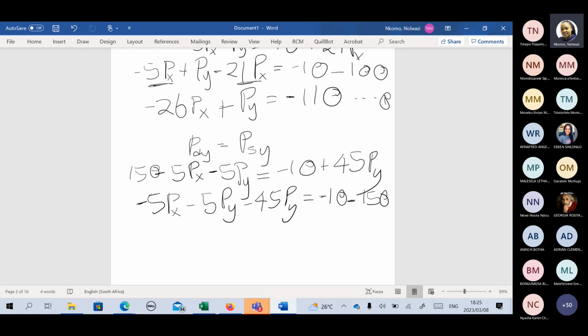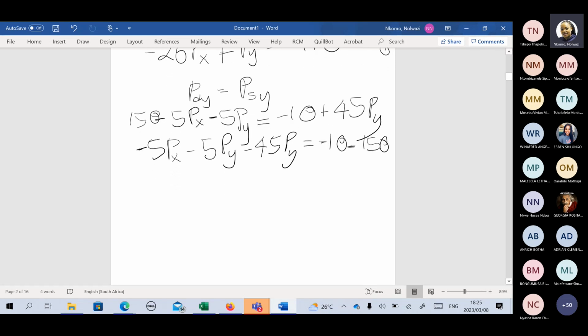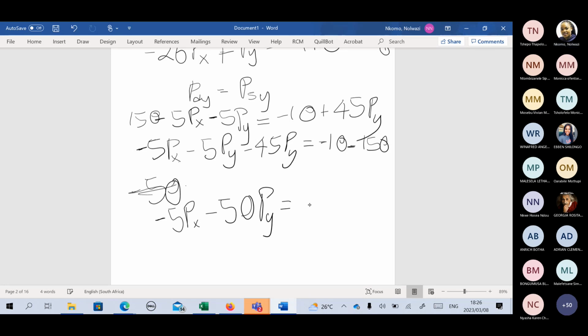And then we collect the like terms. If we do that, we'll have minus 5px minus 50py equals minus 160, right?